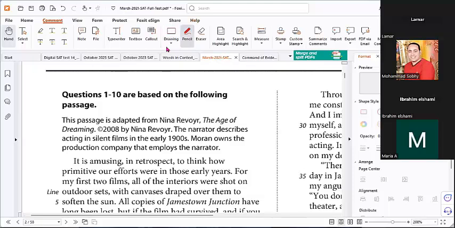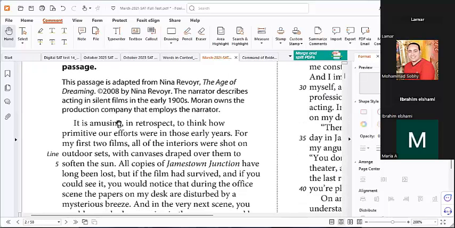Questions 1 to 10 are based on the following passage. This passage is adapted from Nina Revoir, The Age of Dreaming. The narrator describes acting in silent films in the early 1900s. Moran owns the production company that employs the narrator.